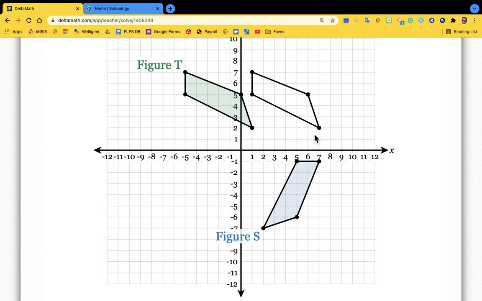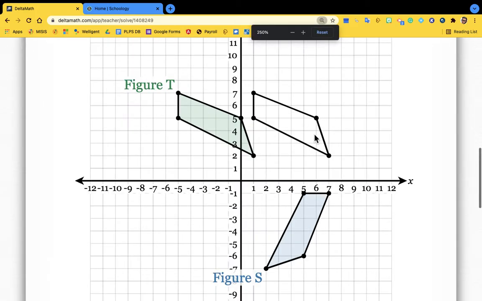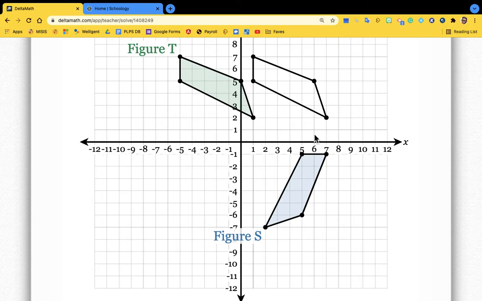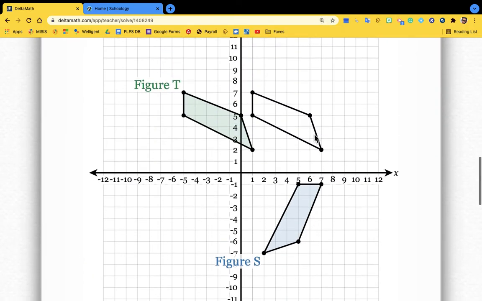So I just need to move. Let me zoom in a little bit. This point, I want it to be on top of there. So I'm going to say 1, 2, 3, 4, 5, 6.